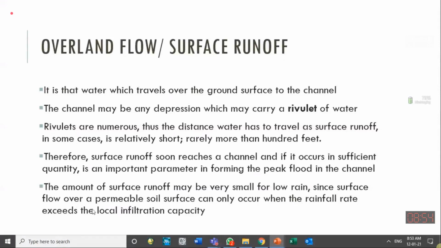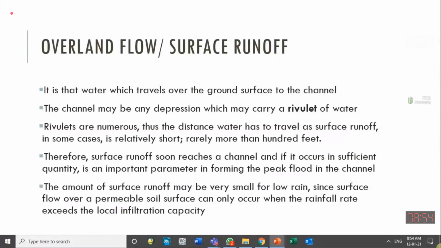When it occurs over permeable soil, surface runoff can occur only when the rainfall rate exceeds the local infiltration capacity. It's quite understandable that surface runoff will only occur when the rainfall rate, millimeter per hour or millimeter per day, is more than the infiltration rate, which is also described in a similar way, millimeter per day or millimeter per hour or millimeter per second.